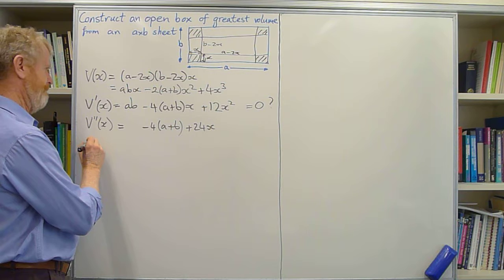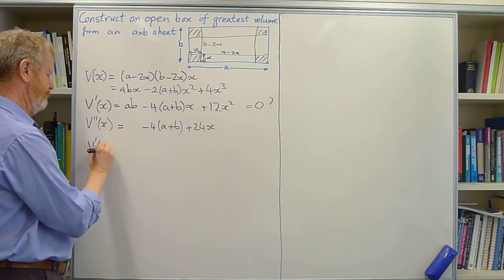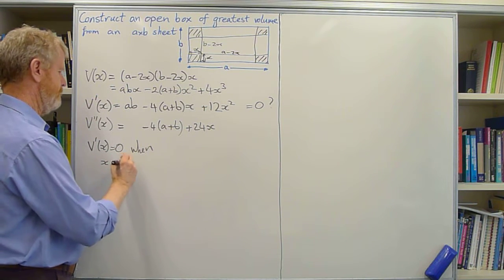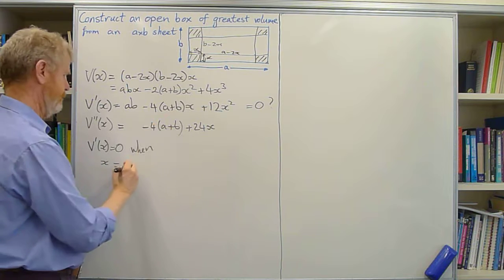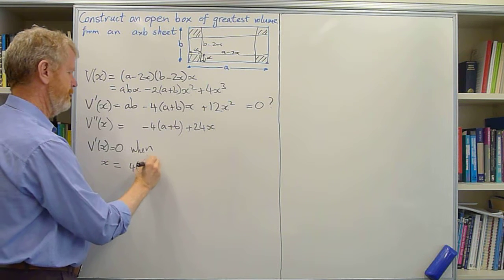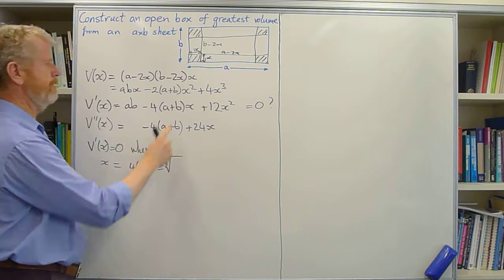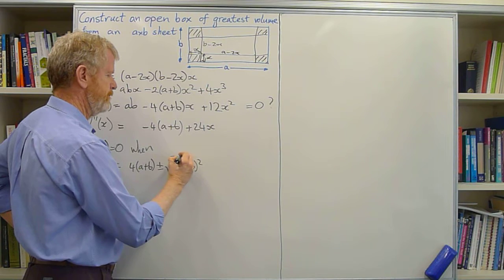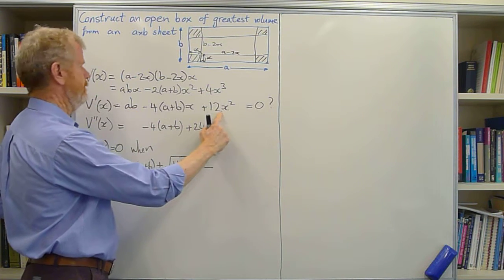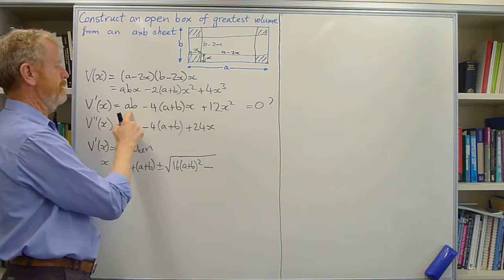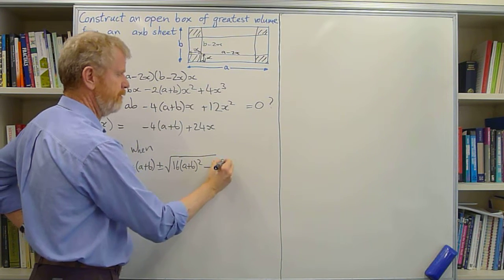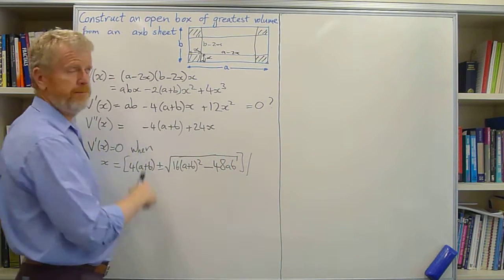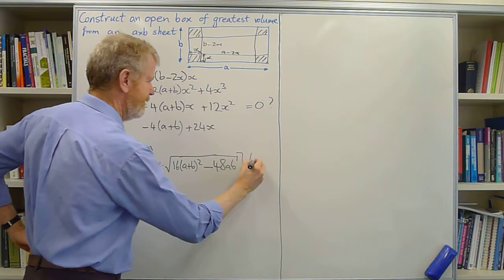Namely, v dash x is 0 when x is minus this coefficient, so that's 4(a plus b), plus or minus the square root of this coefficient squared, so that's 16(a plus b) all squared, minus 4 times 12 times ab, so that's minus 48ab. And all that is divided by 2 times that coefficient, 24.